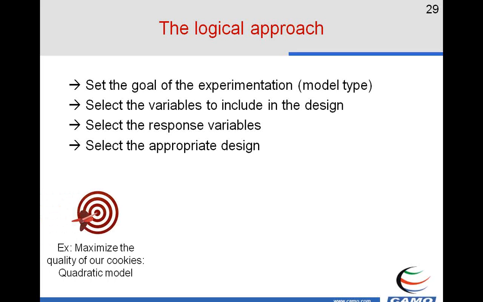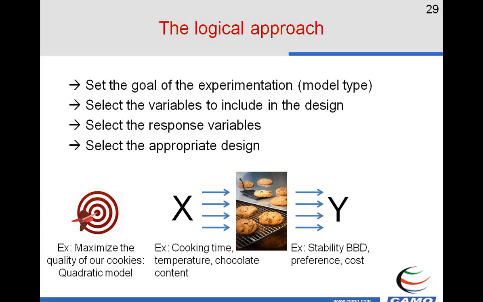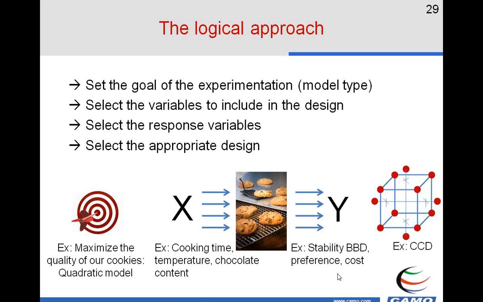For example, we want to maximize the quality of our cookies, and because it's an optimization, we want a quadratic model. We have 3 variables that we can vary in x: cooking time, temperature, and chocolate content. And for the responses, we want stability, best before date, the preference, and the cost. Knowing that, we know that we have to do a central composite design.